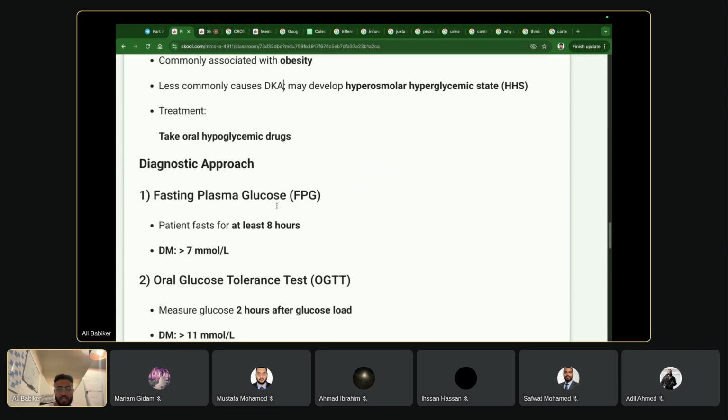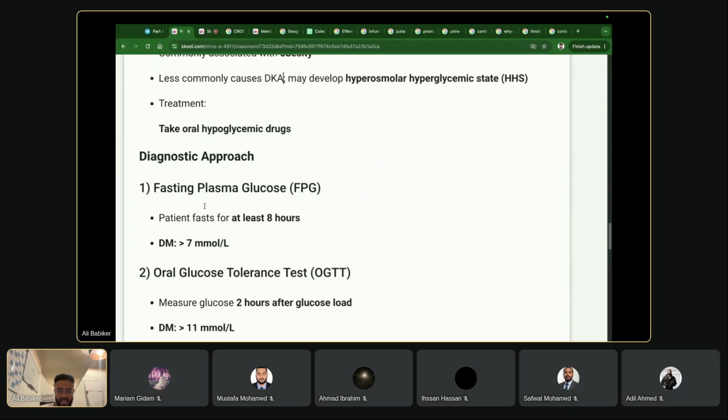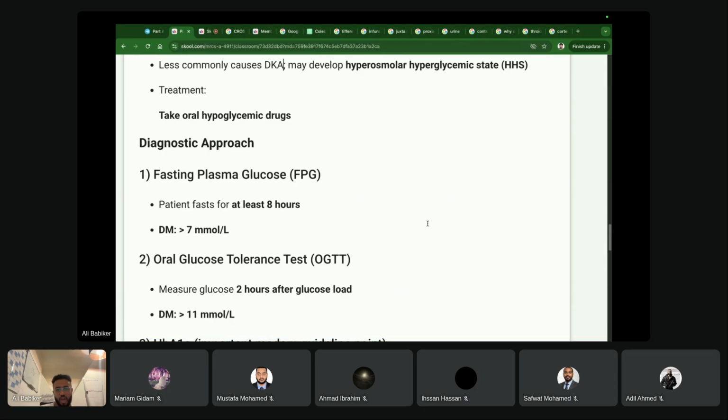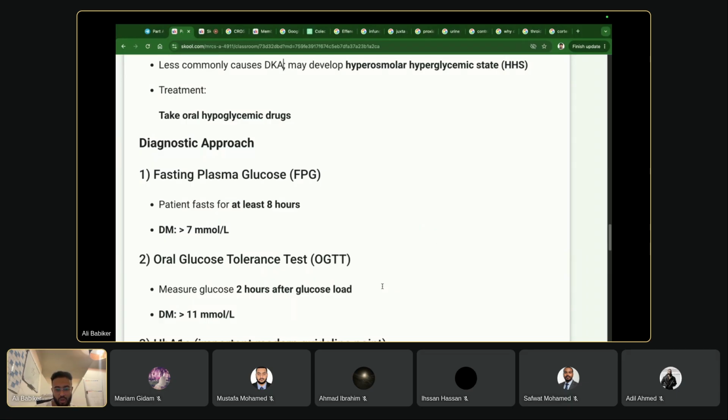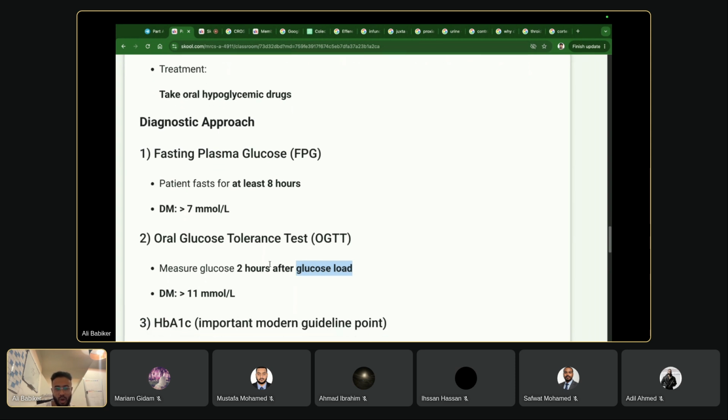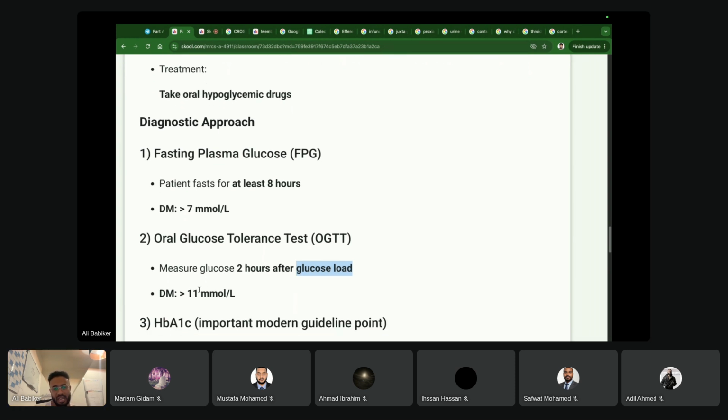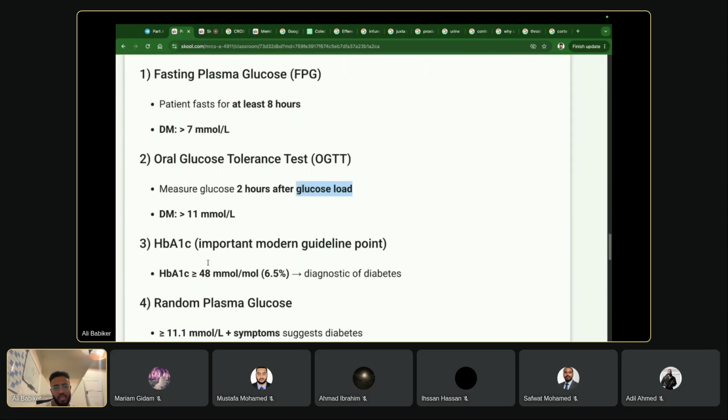How do we diagnose it first? Fasting plasma glucose: the patient fasts for at least 8 hours, and then you check the glucose. If it's more than 7 millimole per liter, that's diabetes. Oral glucose tolerance test: measure glucose 2 hours after a glucose load. You give your patient a specific amount of glucose, and then you measure it 2 hours later. If it's more than 11 millimole per liter, that's a diagnosis.